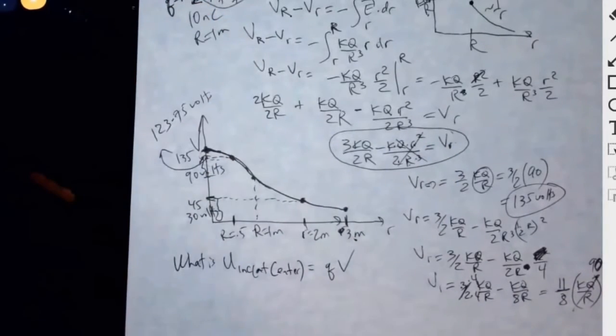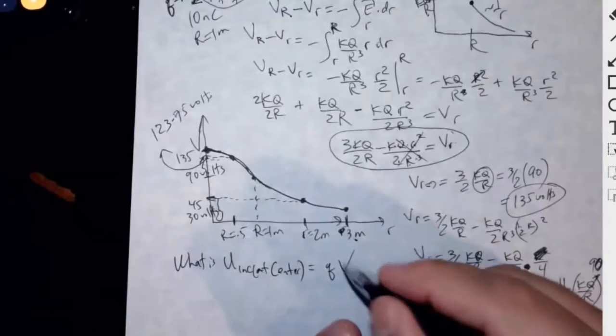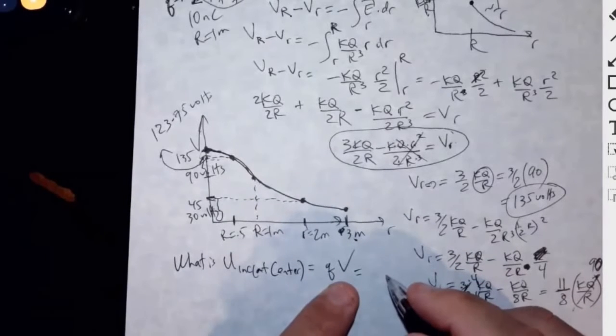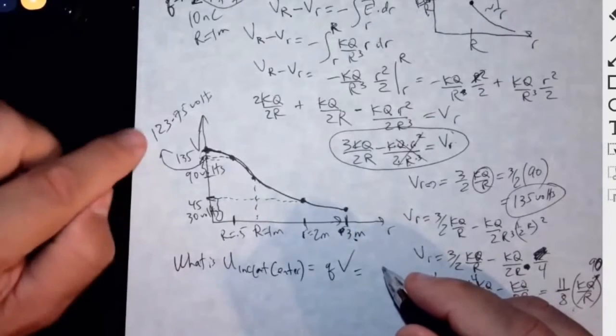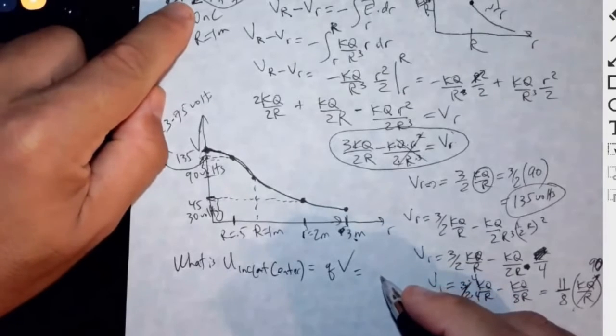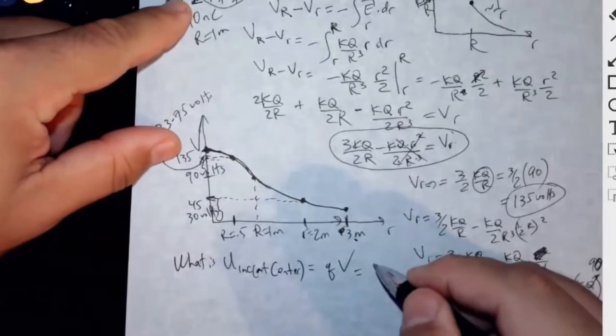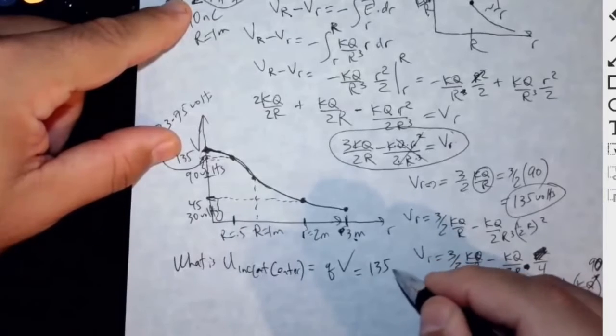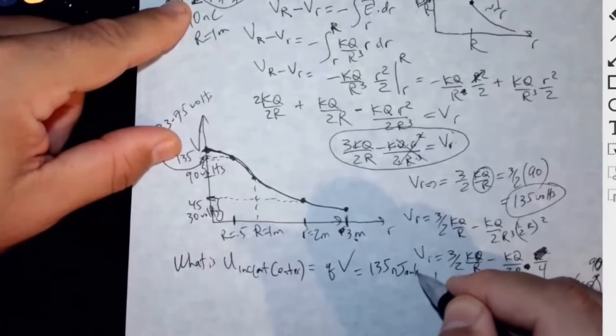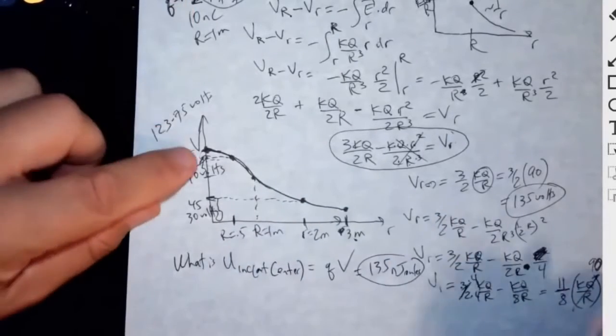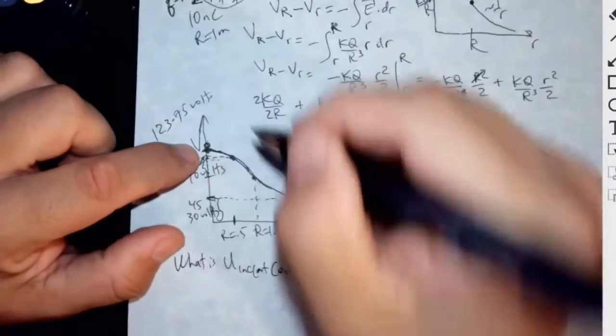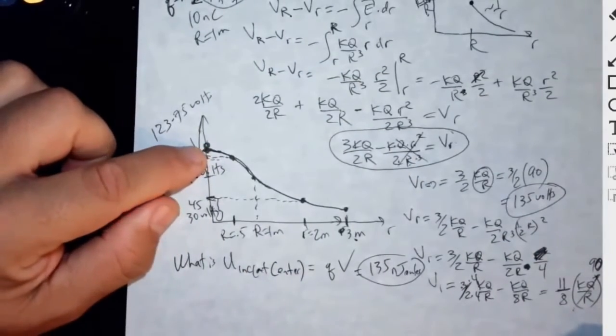They're all tied: voltage, electric field, electric force, and potential energy. So what would its energy be? Well, if it's a 1 nanocoulomb charge, it'll be 135 nanojoules, right?